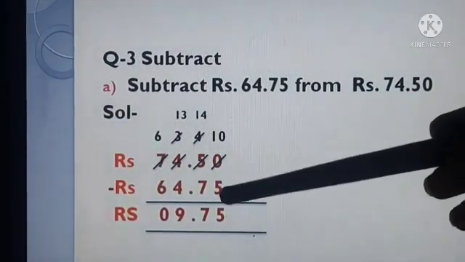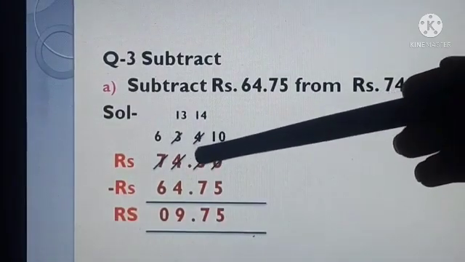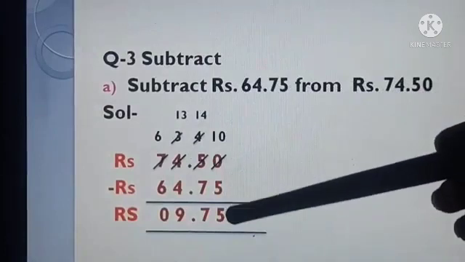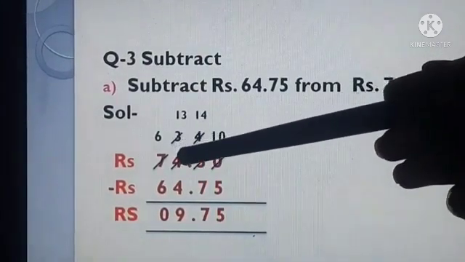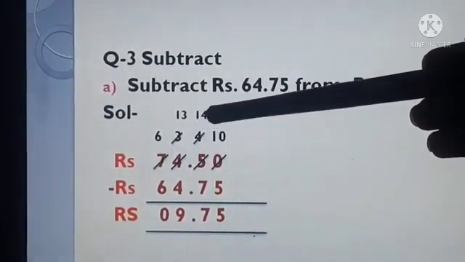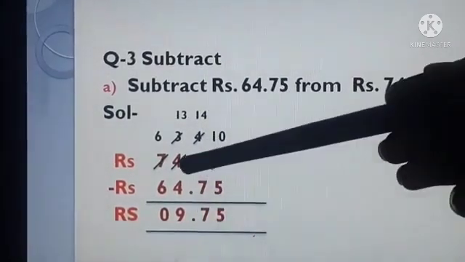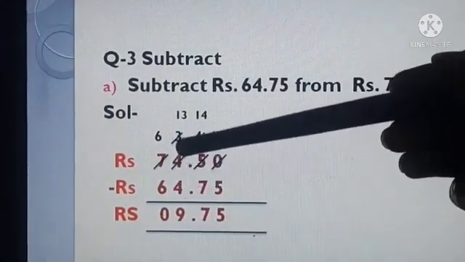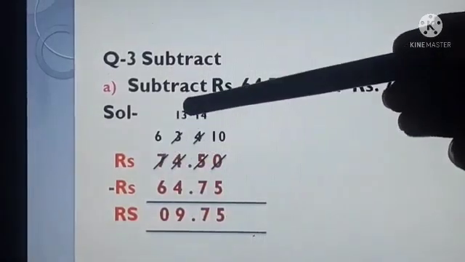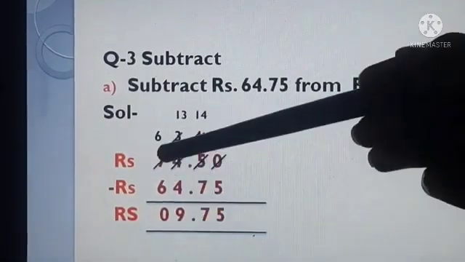64.75. Now 0 minus 5, not possible, so 0 will take borrow. It will become 10, 5 will become 4. 10 minus 5, 5. 4 minus 7, not possible, again it will take borrow. It will become 14. 14 minus 7, 7. 4 has become now 3. 3 minus 4, not possible, so it will take borrow. 3 will become 13. 13 minus 4, 9.